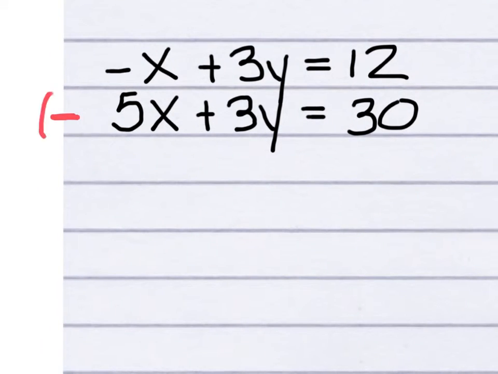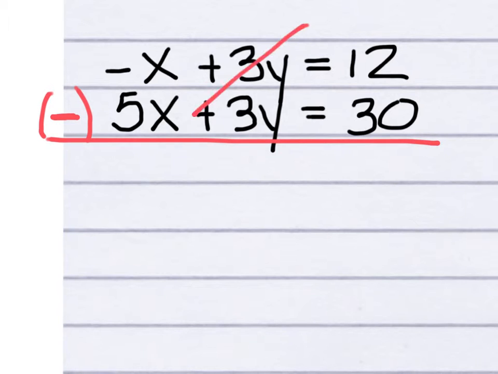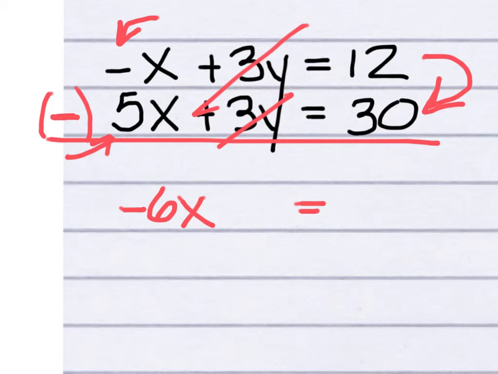If I subtracted these two equations, these would cancel out. But then I would have to make certain that I knew that I'm doing -1 minus a positive 5. -1 minus 5 is a -6x. And 12 minus 30 would be a -18.